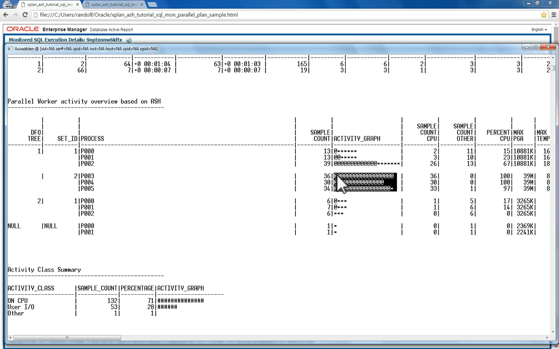As you can see here in this set, we have a quite good distribution of work. We have a quite good distribution of work here, but we can see here in this set that the distribution of work is clearly not really equal, because we have here only 13 samples for these two processes and 39 samples for this process here.